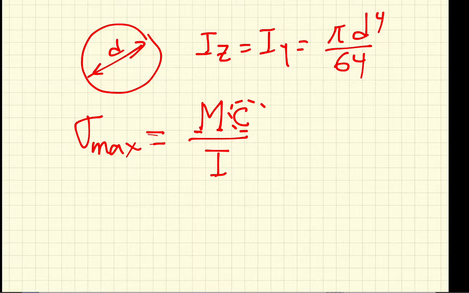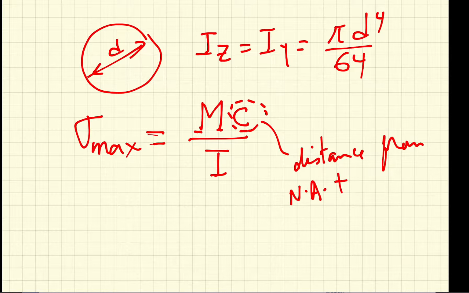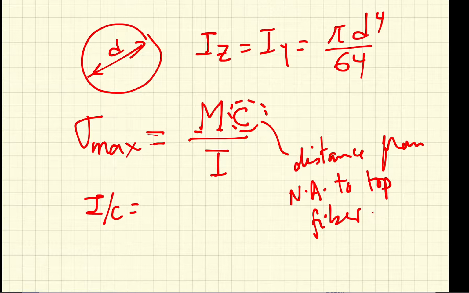So this C is the distance from the neutral axis to the top fiber in the beam. And if we divide I by C, we're going to call it Z, and that's the section modulus.